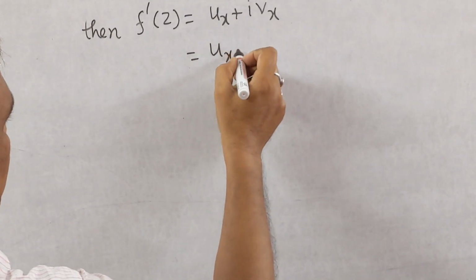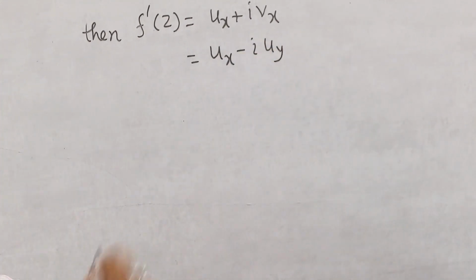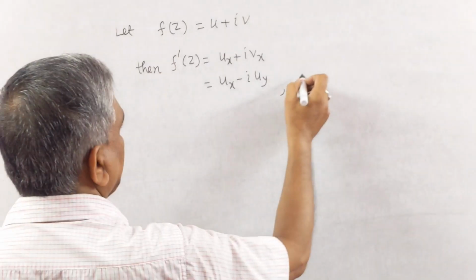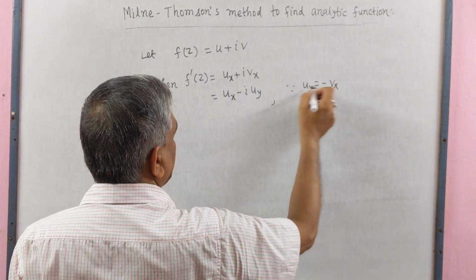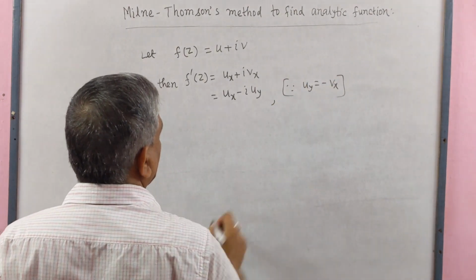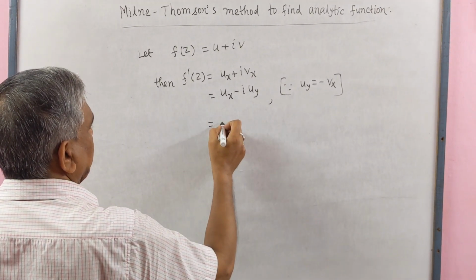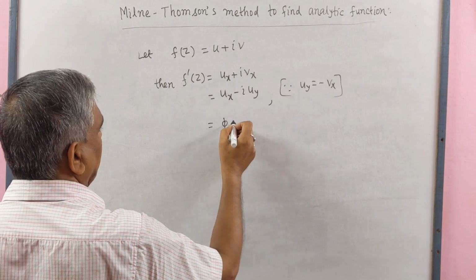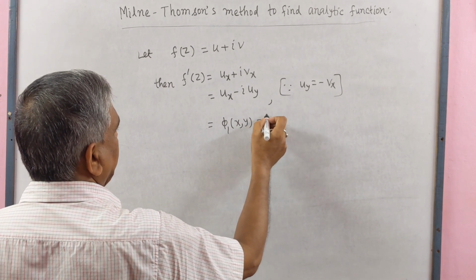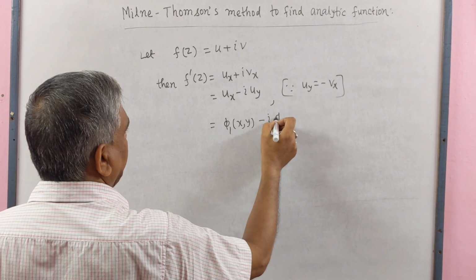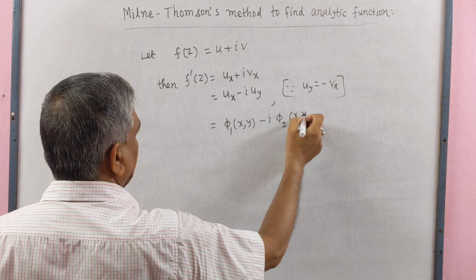So f dash z equals ux minus i uy, since uy equals minus vx. Let this be equal to a function of x,y, and this is another function of x,y.